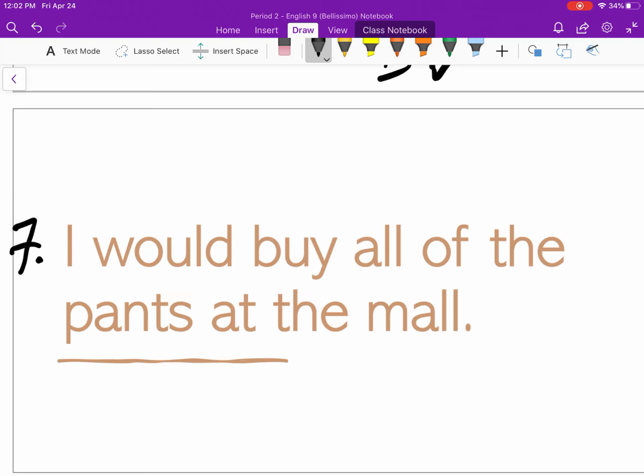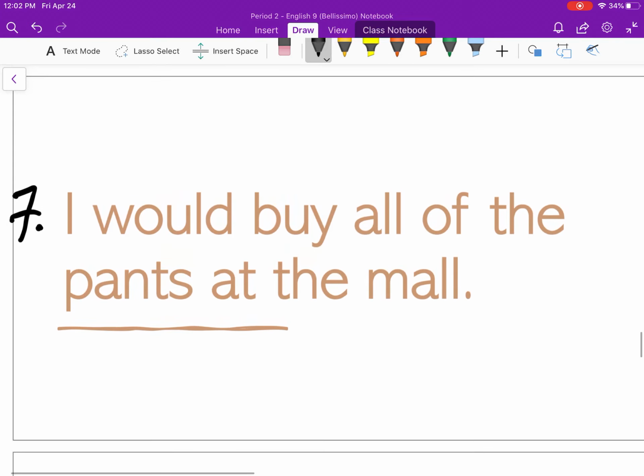Number 7, I would buy all of the pants at the mall. Is this an independent or dependent clause? Look for your subject. Look for your verb. Is there anything before that? Ready? Independent.